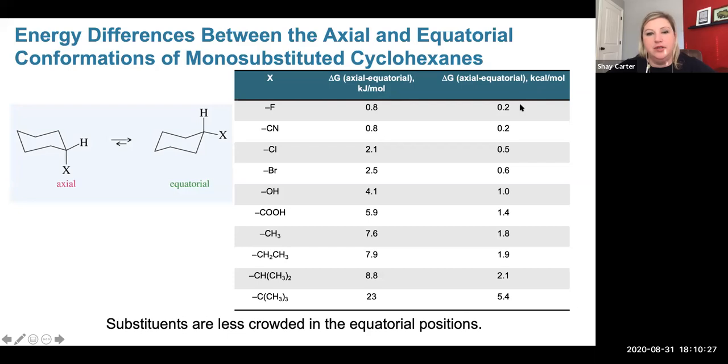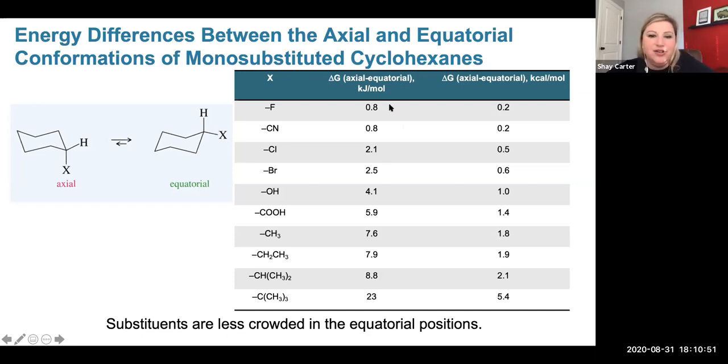These are in kilocalories per mole. When we have the fluorine in an axial position versus an equatorial position, we get 0.8 kilojoules per mole difference in energy. So the axial is going to be 0.8 kilojoules higher in energy than the equatorial position here. Sorry.